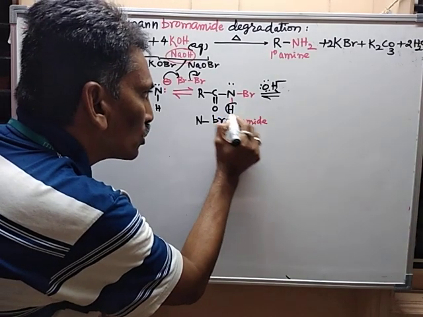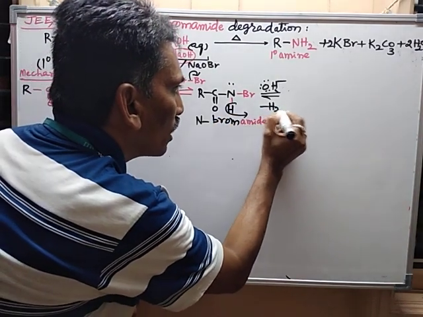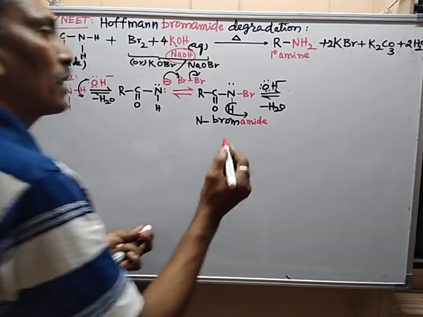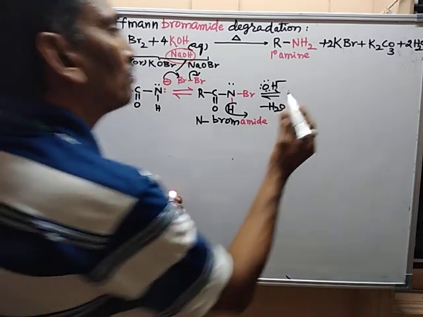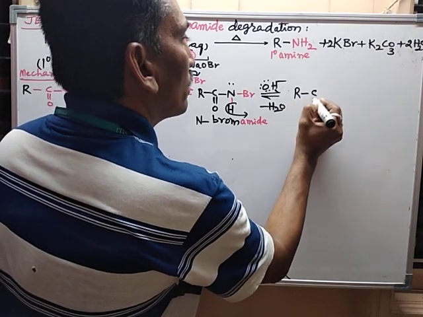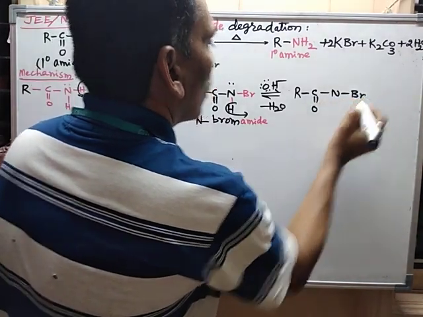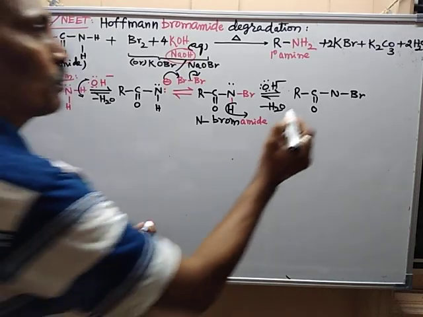The second acidic hydrogen is also removed as water and we get an important species, that is R C double bond O N Br, correct? Already one pair is there.